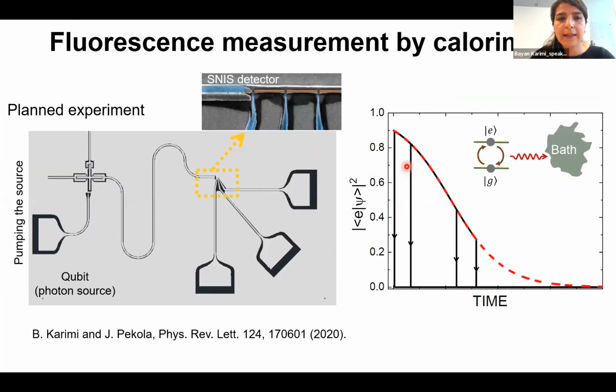Now, this is our next step. You can see our planned experiment here. This is almost half of the circuit that you usually see. We have a qubit as a photon source, and we have our coplanar waveguide as a filtering element, and then we use our new setup, which is our zero bias anomaly thermometer.